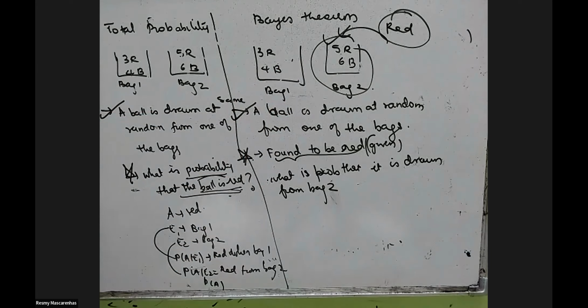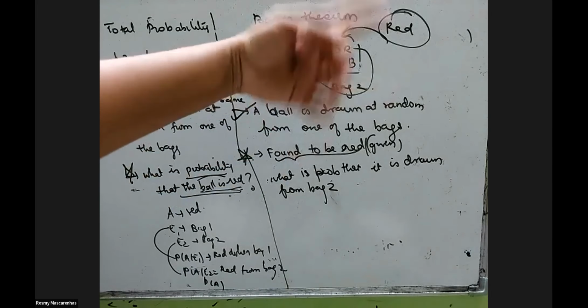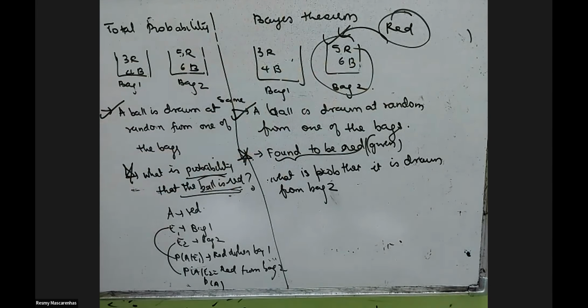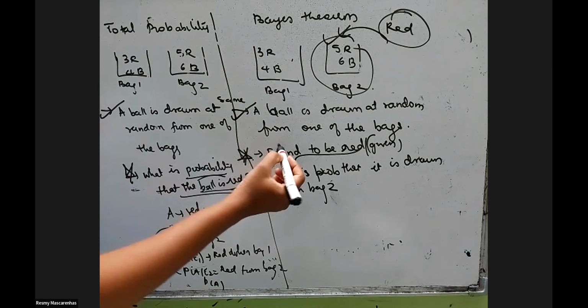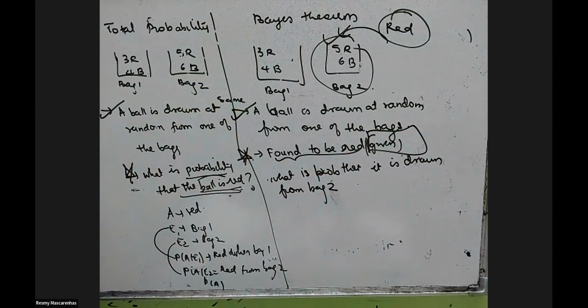Now I have to sit and think whether you had picked it from bag 1 or bag 2. In the earlier case it did not matter from which bag you picked, as long as we found the chances of it being red. But here you know what you picked is red and now you have to find which bag you picked it from. This is the difference. This is Bayes theorem. So there will always be a given outcome, and you have to find the reverse.